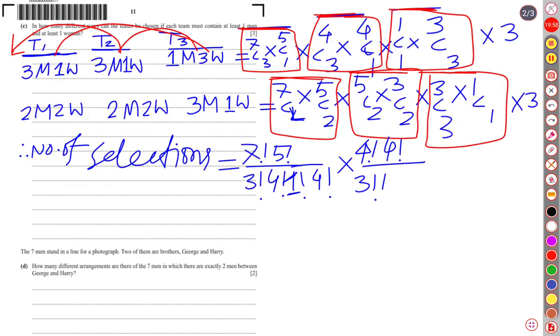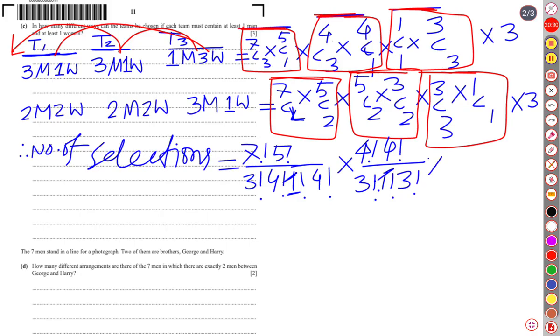Well, we are in the second team. 4 factorial into 4 factorial over 3 factorial into 1 factorial, and 1 factorial into 3 factorial into 1 factorial, because they are virtually the same. Please don't get confused, I am avoiding the multiplication symbol as I don't have sufficient space to write. 1 factorial means 1, I am avoiding that.